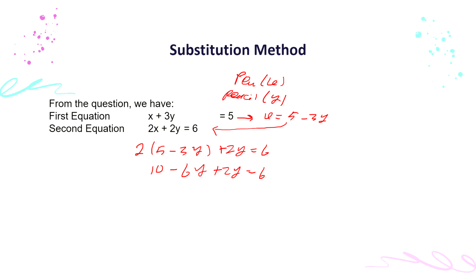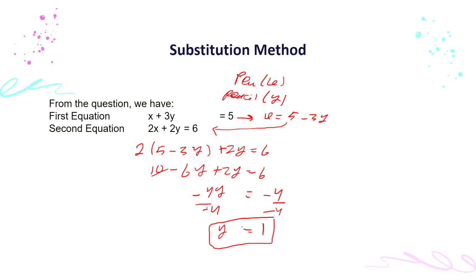We calculate the variable first, so we get minus 4y plus 10 is equal to 6. Don't forget the constant. We subtract 10 from both sides, so 10 minus 10 is 0 and 6 minus 10 is minus 4. So we can divide both sides by minus 4. We get the value of y is 1.